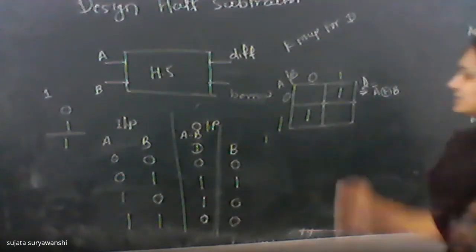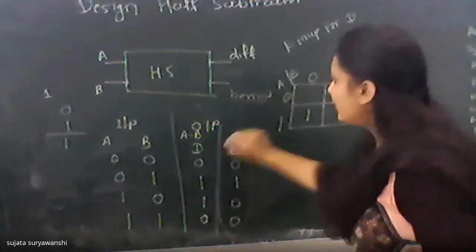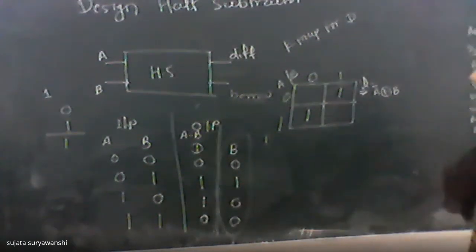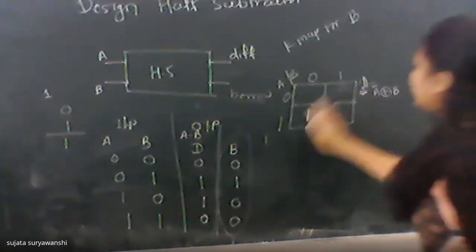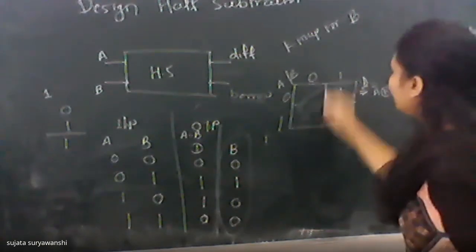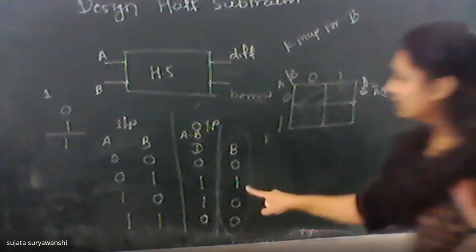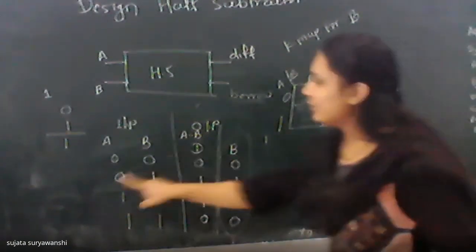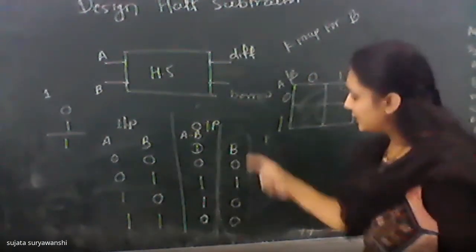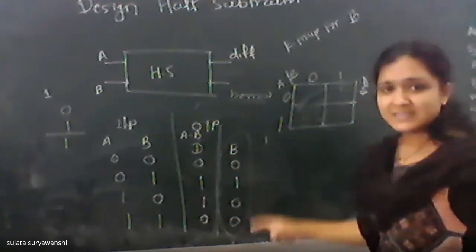So the next one is to find the equation for borrow. Similarly, you can use a K-map for borrow here. Then write down output values. Here output bit borrow has 1 only for 0, 1 and for all the remaining cases the output bit is 0.